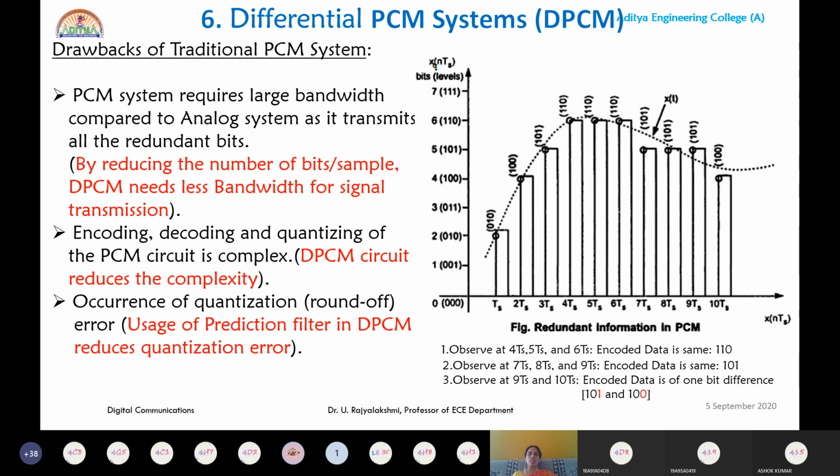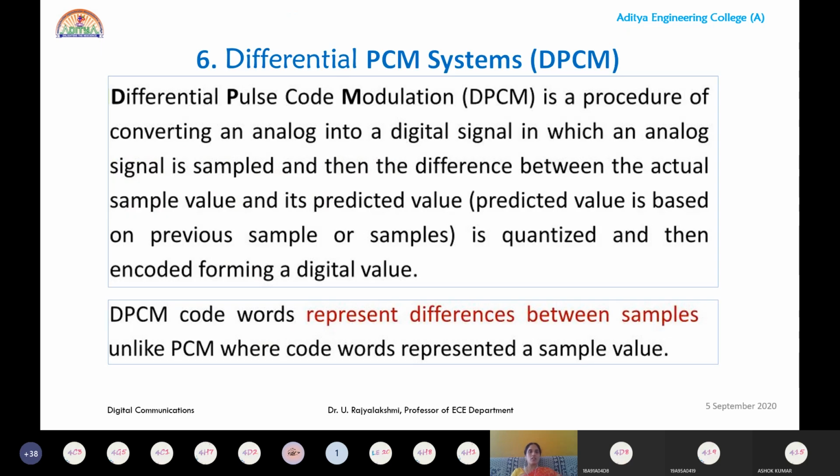So the difference between the output and input we defined as quantization error, that's nothing but the round-off error. Okay, how can you overcome that using the DPCM circuit? By using a prediction filter. If you observe the DPCM circuit, you can identify the prediction filter in the circuit. Okay, this is about the three drawbacks of traditional PCM, and how you can overcome them.